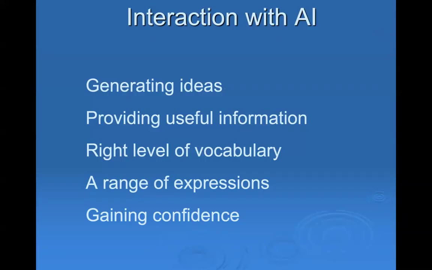If students put in their language proficiency levels, like level 3 or level 4, it can provide a passage that is suitable for their level. It can also give a range of expressions, like four-character idiom expressions. Students really learn during the process of interacting with AI. They learn a lot more vocabulary, more ways of expression and also more ideas, and they are getting more and more confident.